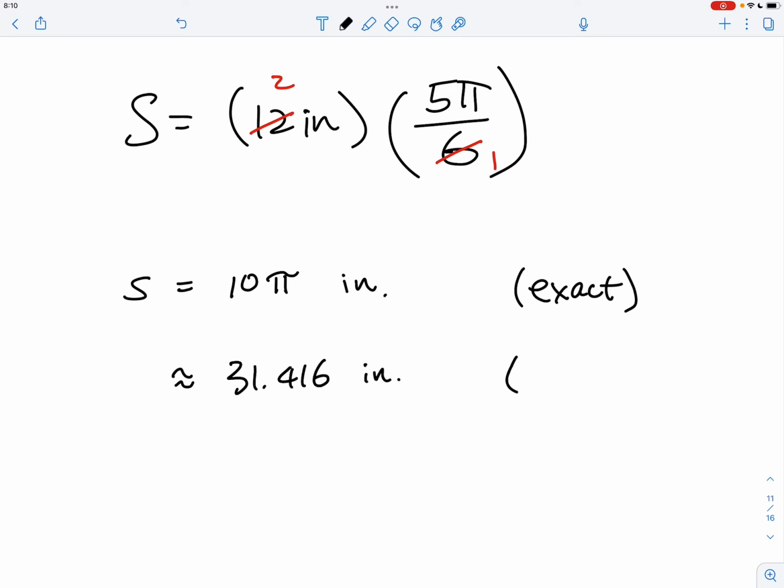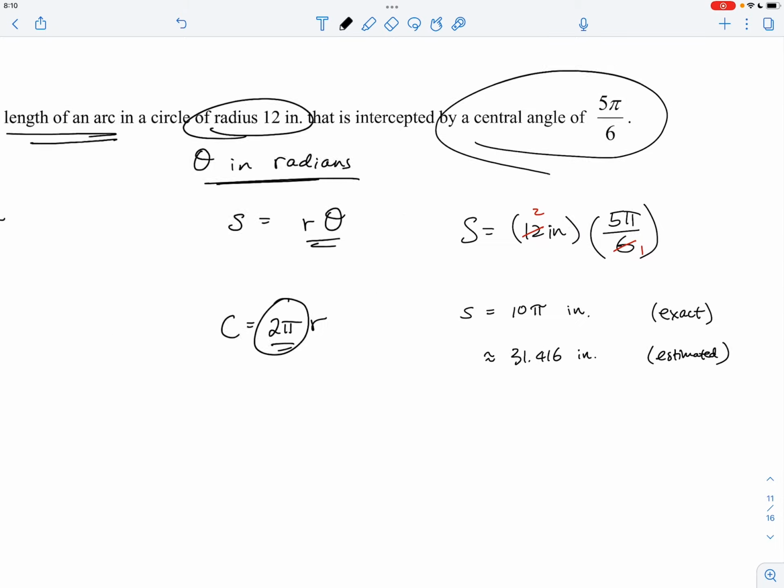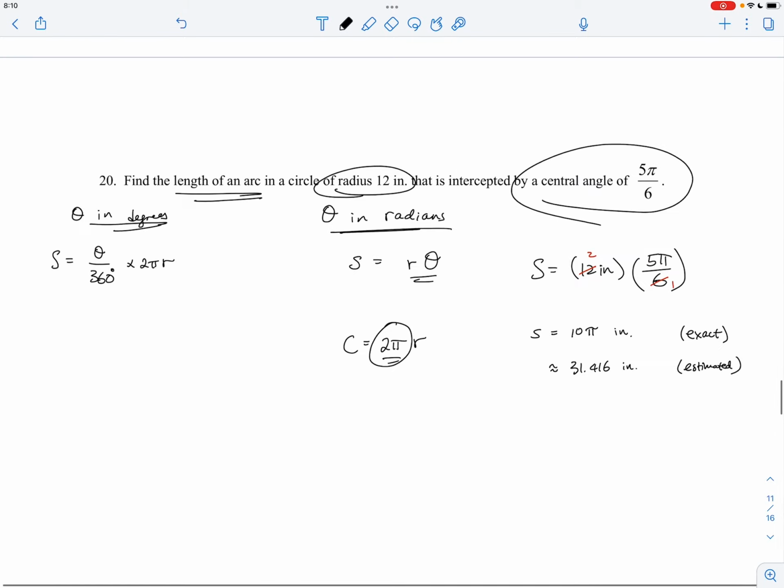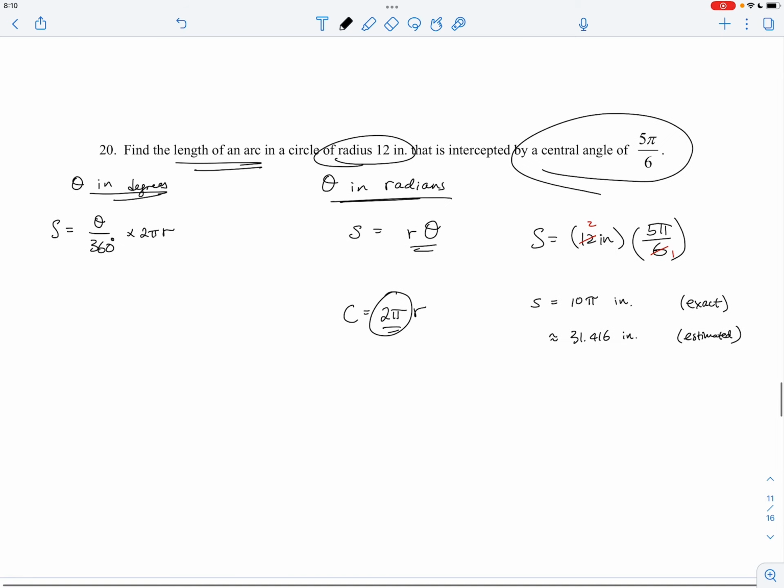That's the estimated answer. You have to give both answers, exact and estimated. If it's the exact answer, you just keep the pi in the answer. If it's estimated, you give the rounded answer.